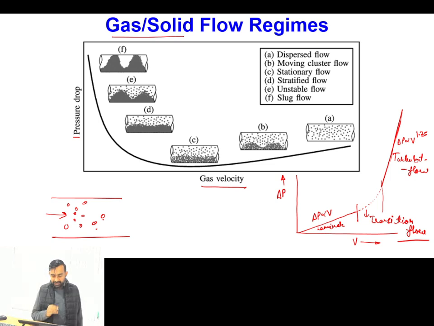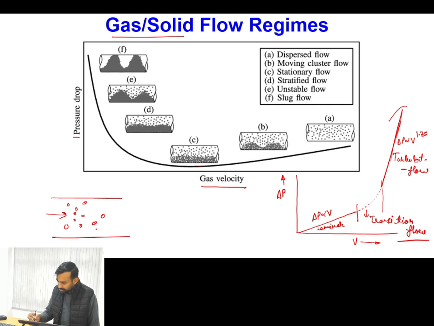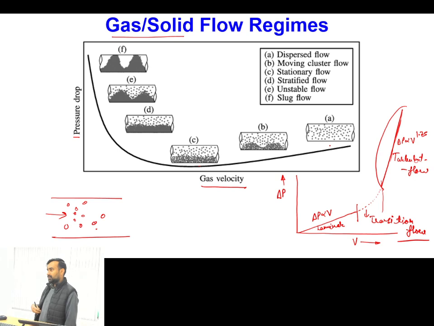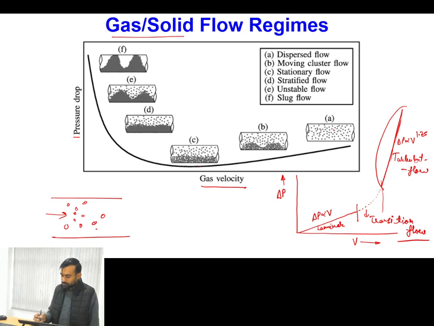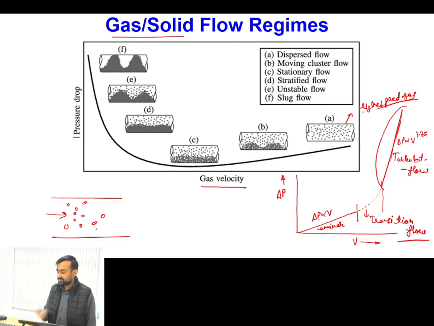Now, in this particular regime, you will find that the nature of the curve is almost close to this one, because in this regime velocities are very high and all the particles are dispersed in the gaseous phase. So in this scenario we have very high velocity gas.